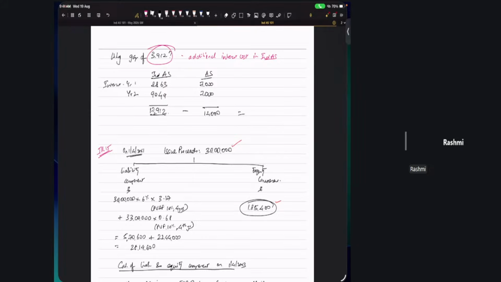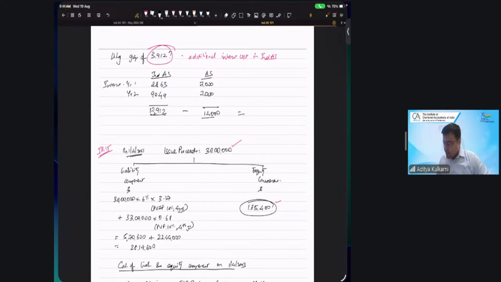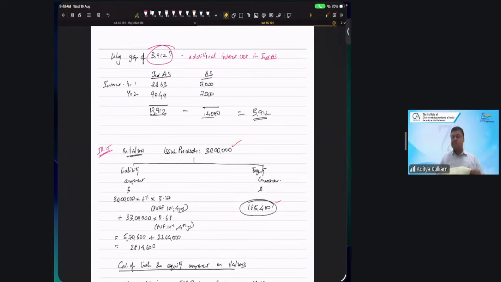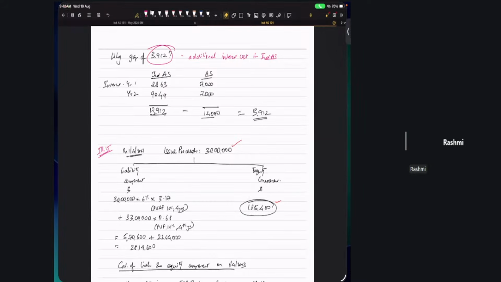So therefore, 17,912 minus 14,000, 3,912 is the extra interest that has gone under Ind AS. Correct? Yes, sir. So that is why you have that gap of 3,912 sitting in your retained earnings, which should have been the interest that you would have charged if Ind AS was applicable from the beginning. Is it okay? Okay, sir.